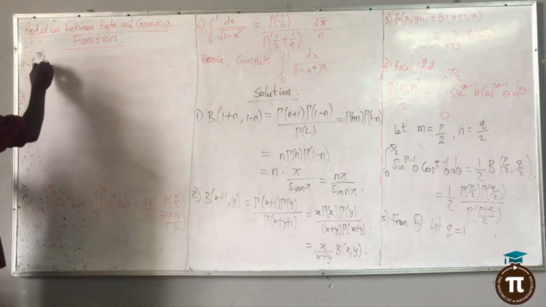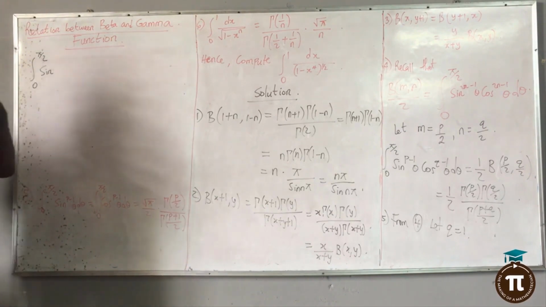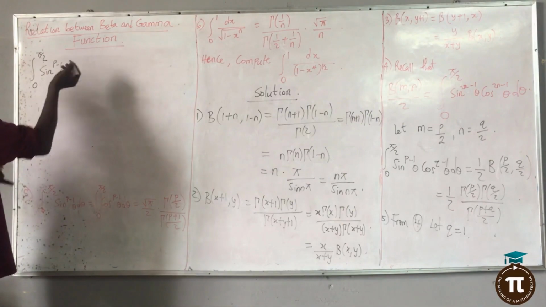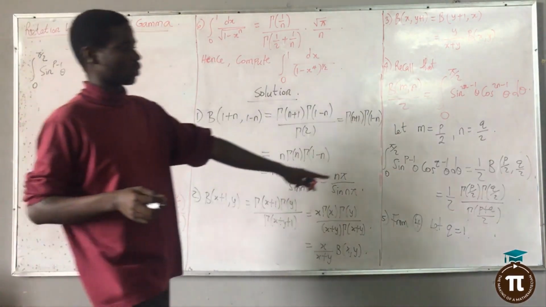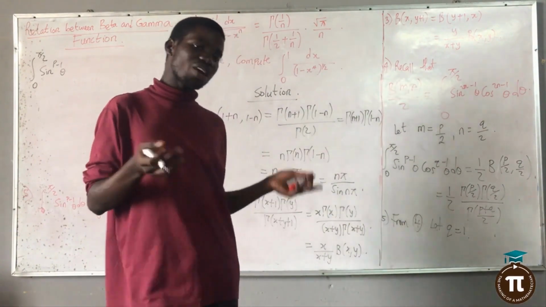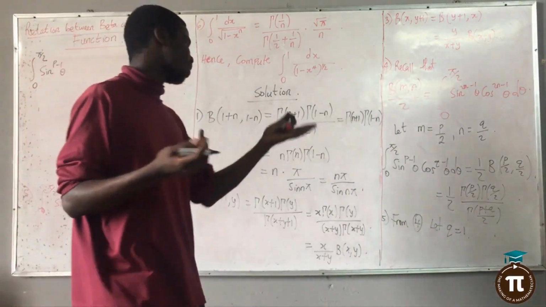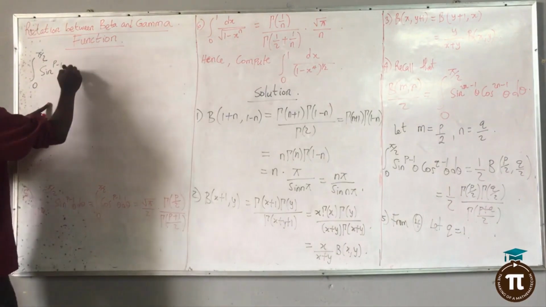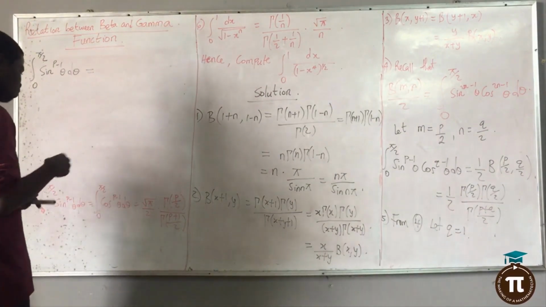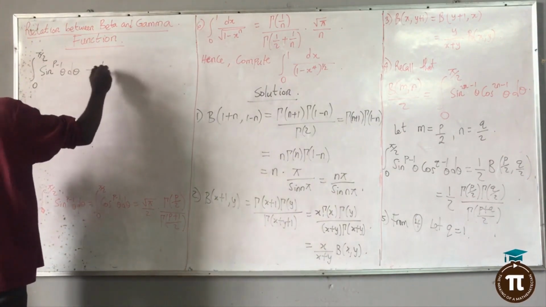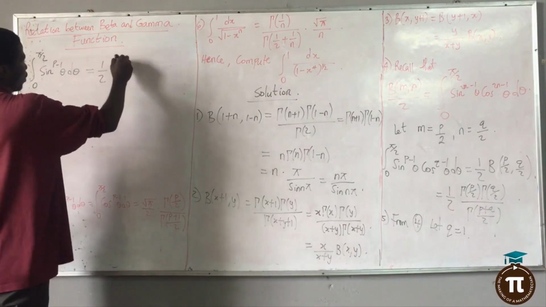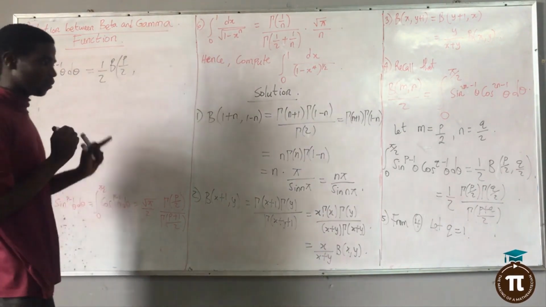You will just be left with sine p minus 1 theta. When q is 1, you have 1 minus 1, which is 0. Cos raised to the power of 0 is 1. So I have the integral of sine p minus 1 theta d theta is equal to 1 over 2 beta of p over 2 comma 1 over 2.